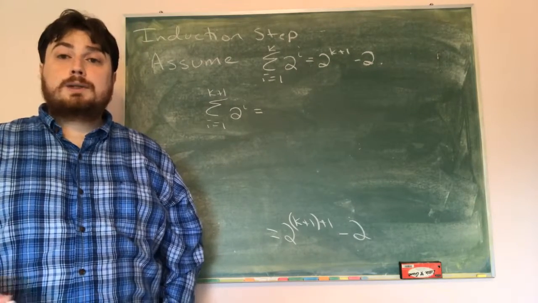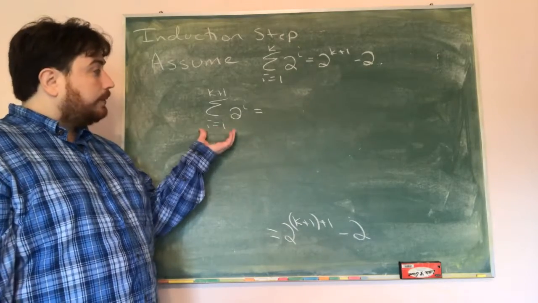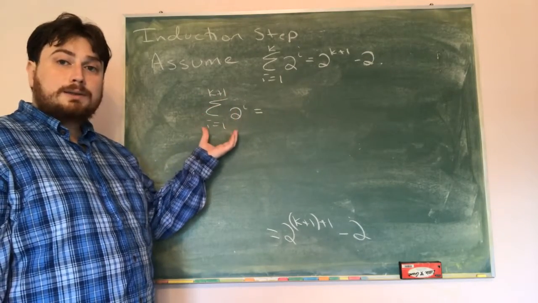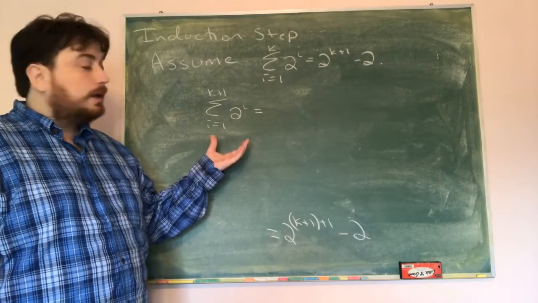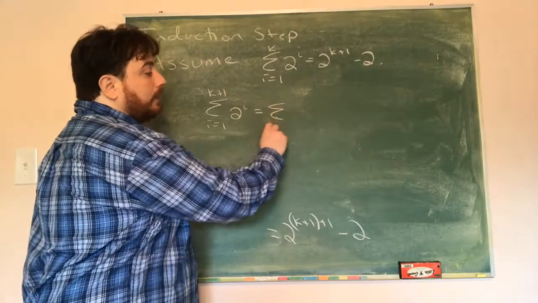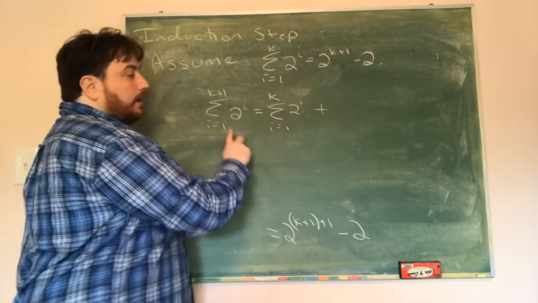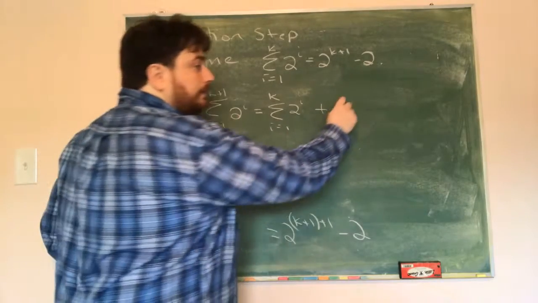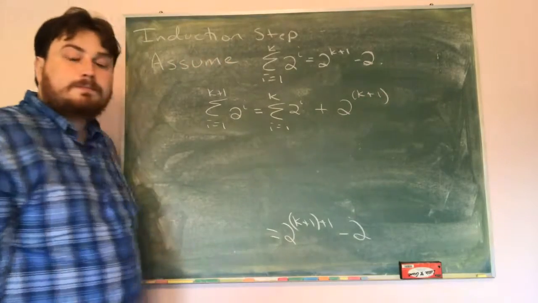Now, the first step when we're working with sums is to notice that if we add up from 1 to k plus 1, that's the same thing as adding from 1 to k, and then adding in the k plus 1 term. So it's going to help us if we can break it up that way. So I'm going to write this as the sum from 1 to k of 2 to the i, and then I'm going to add in the k plus 1 term, so 2 to the k plus 1.